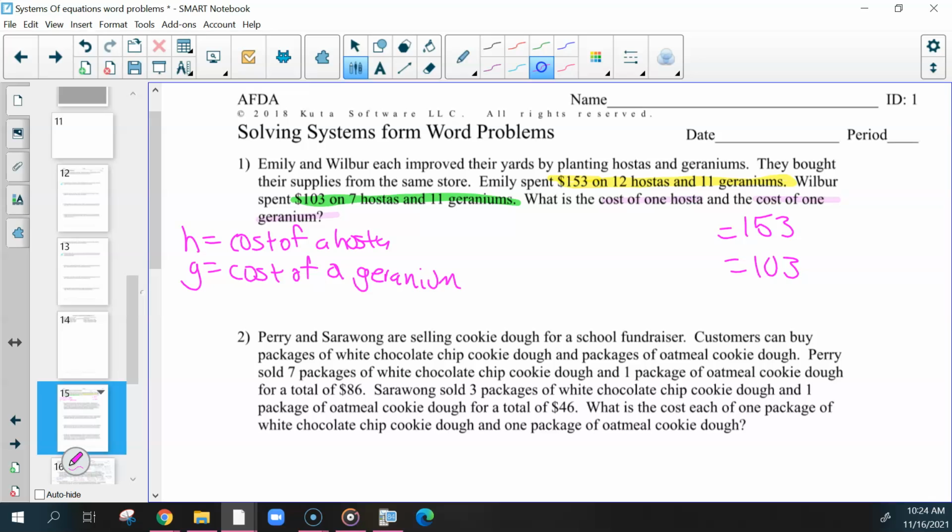So that would be 12 times the cost plus 11 times the cost to equal that 153. And then we would do the same thing for Wilbur. It would be 7H plus 11G.